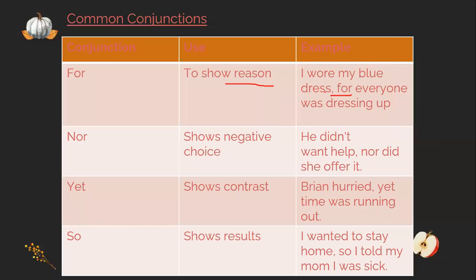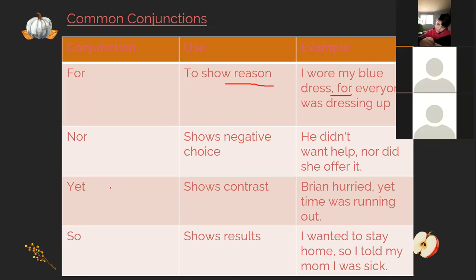Here I'm showing the reason why I wore my blue dress. Very simple. Nor might sometimes confuse you, but not all the time. It shows negative choice. It's similar to or in certain ways, but different in other ways.